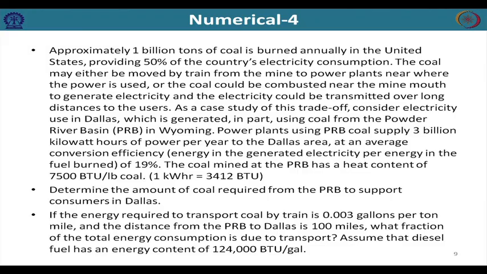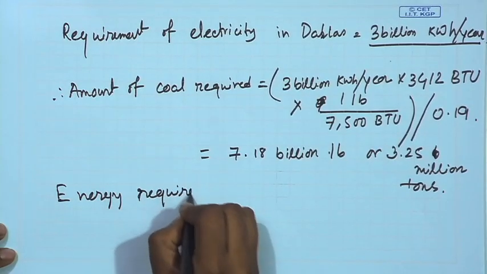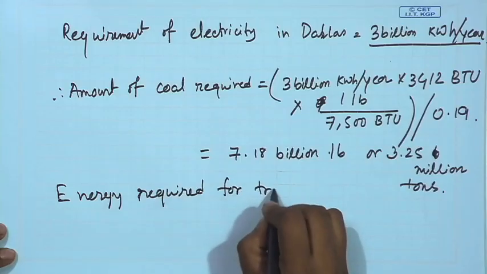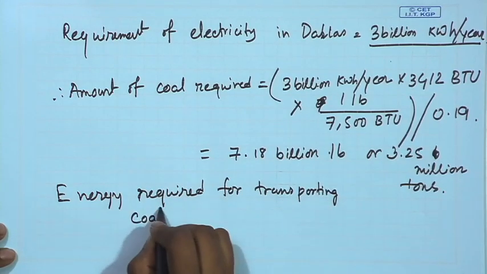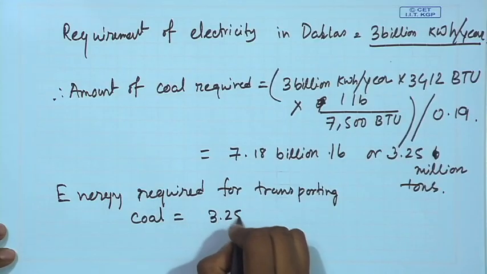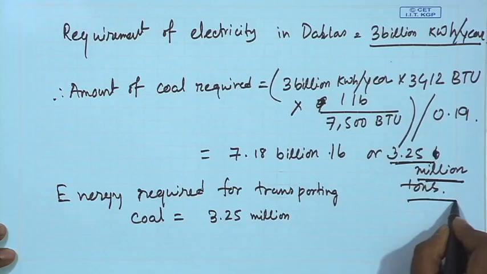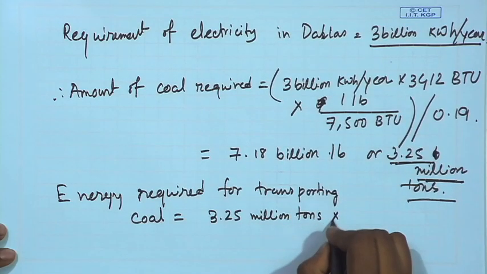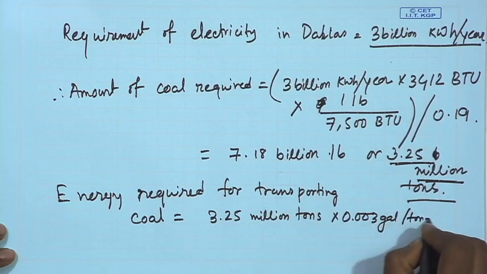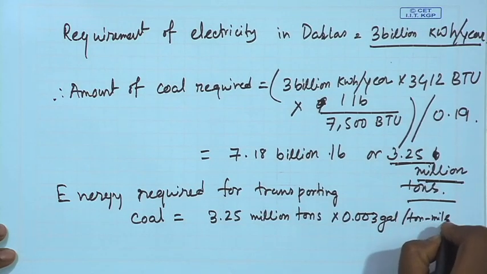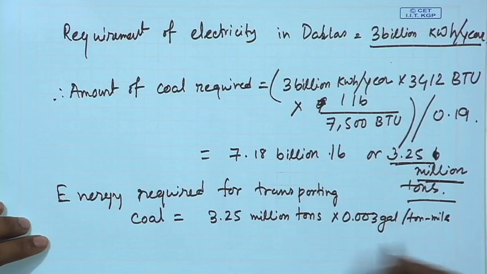The energy required for transporting coal will be 3.25 million tons, because we have to transport this much coal, and 0.003 gallon per ton mile is our energy required for transporting the coal.